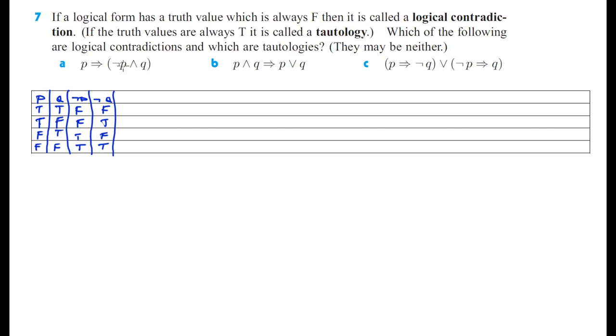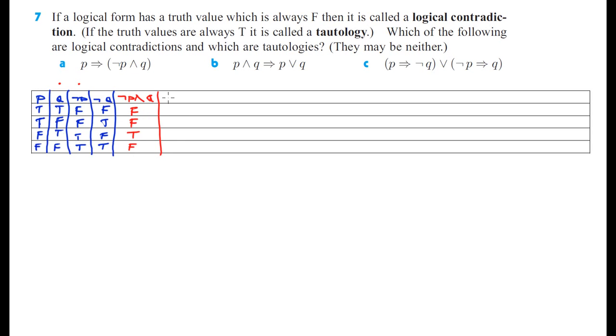For A, we're going to first do not P and Q. Here's not P, here's Q. They're and, so we just have to figure out if they're both true or not. So we got true, false, which would be false. False, false is false. True, true is the one case when it is true, and then false, true is false.